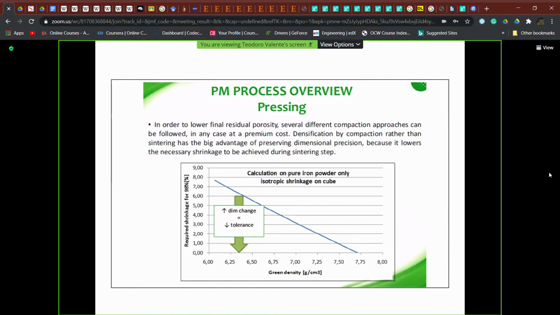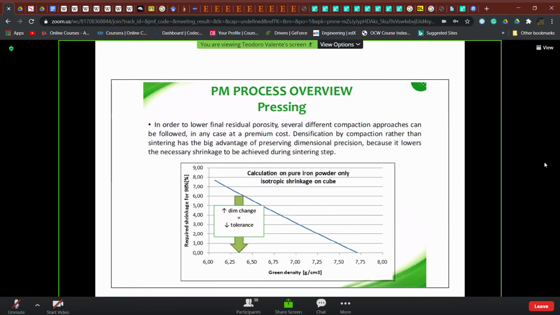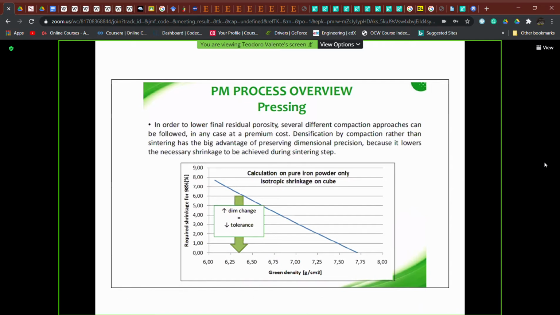But this is not made without any cost. That is, if we have to apply pressure before sintering, this is, as it usually happens, an additional step in the fabrication route, which gives rise to additional cost. But in any case, for the materials which are interesting for our application, since we need to eliminate most, all, I would say, of the porosity in the green compact, we need to apply suitable pressures.